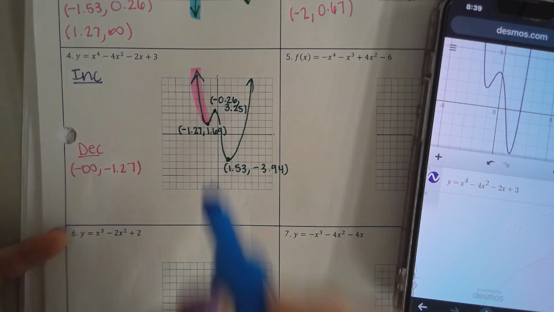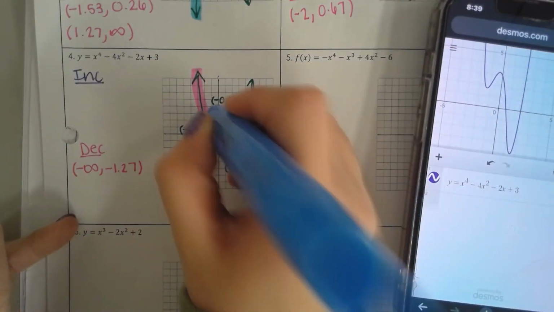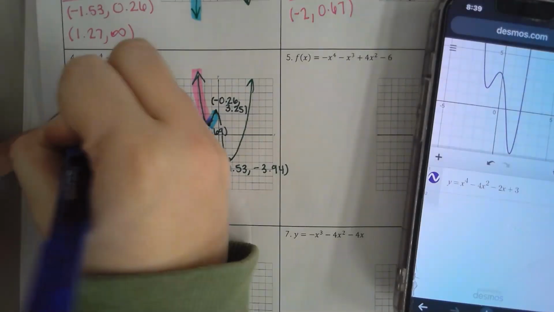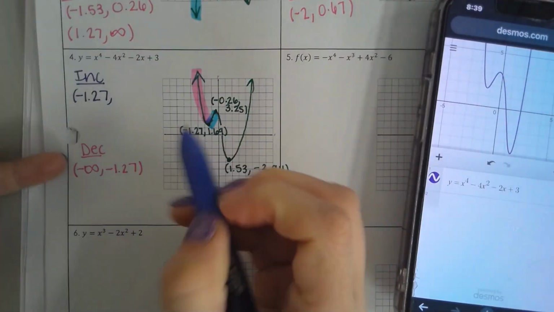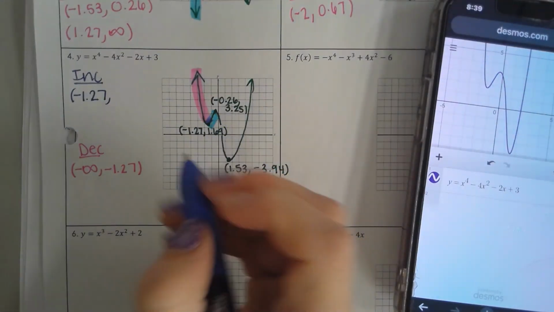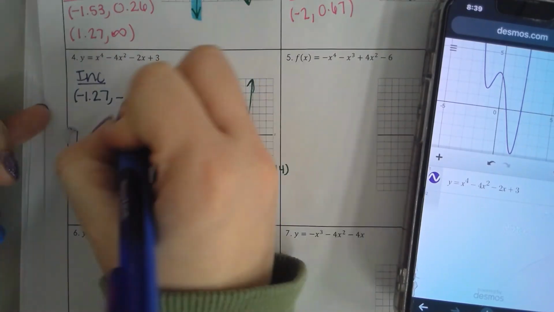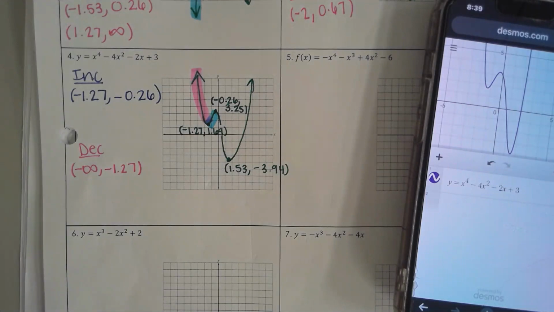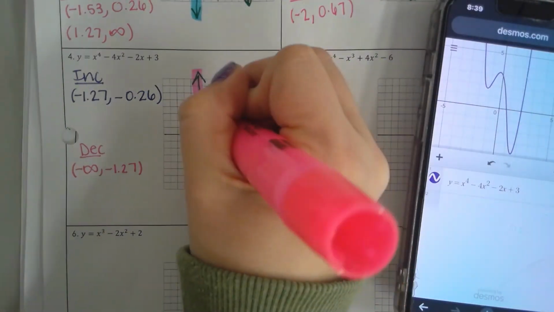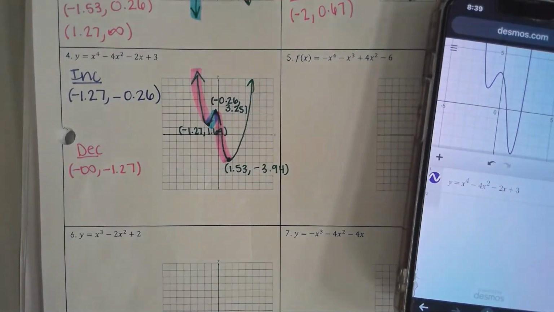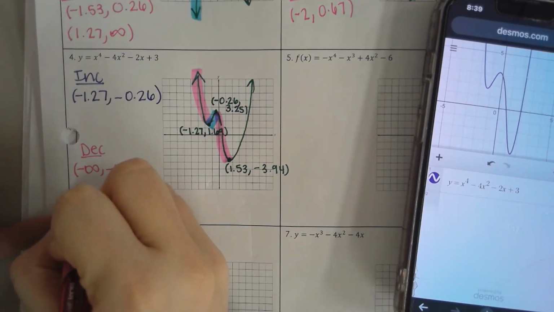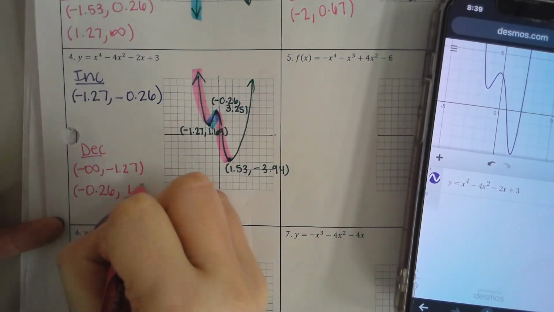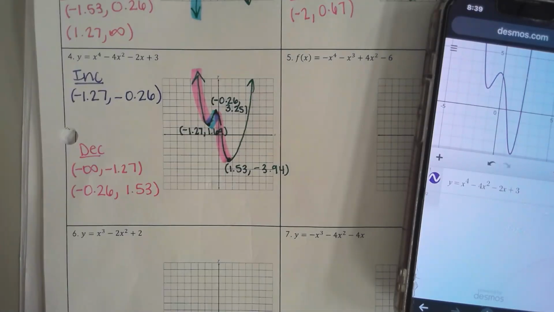And now I'm in the valley, so I'm going to go uphill from negative 1.27 till I get to the top at negative 0.26. And then I go downhill again from negative 0.26 to 1.53.